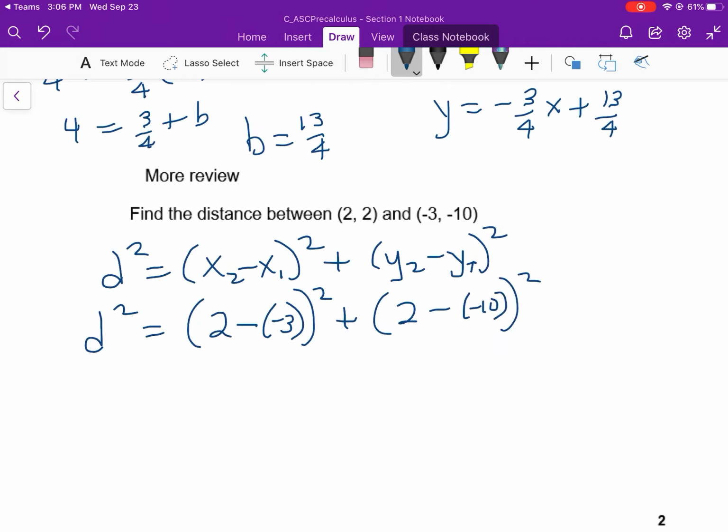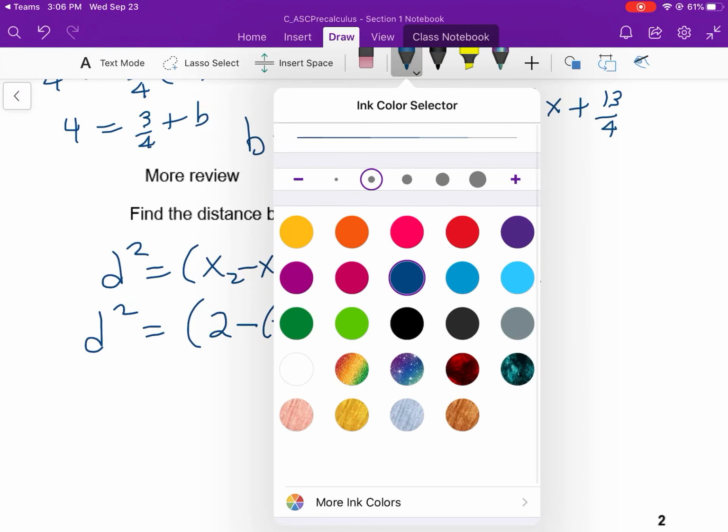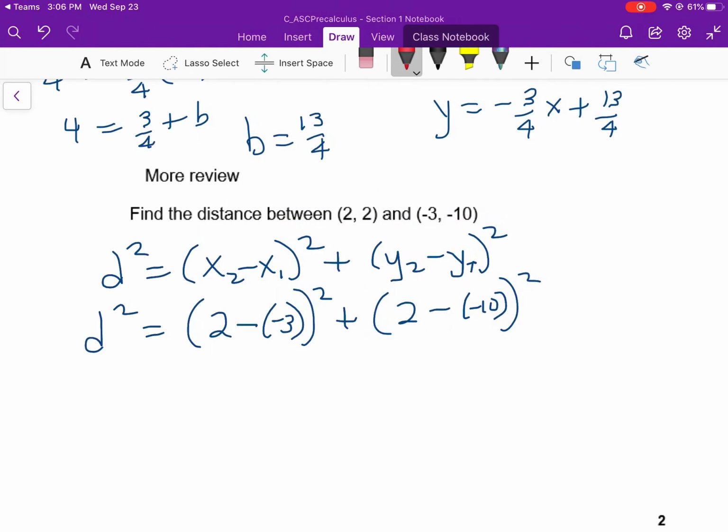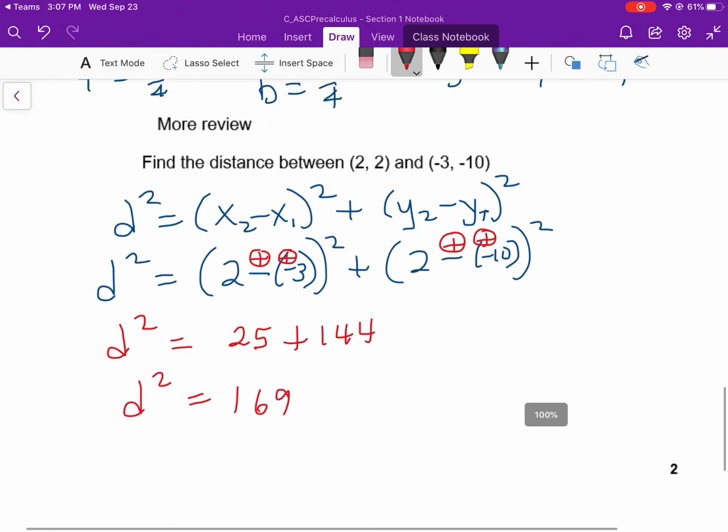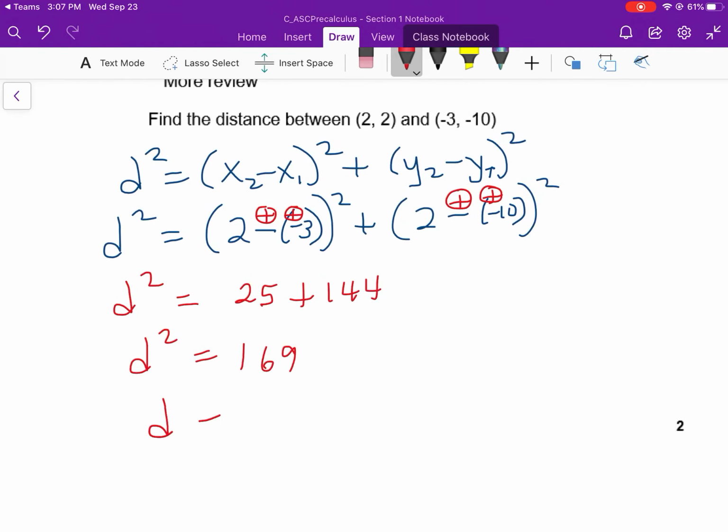So 2 minus negative 3, oh, we're doing that in 7th grade math. So plus plus makes 5. 5 squared is 25. Plus, this will be plus plus also, so that's 12. 12 squared is 144. So d squared equals 169. And I take the square root of 169, and I get d to be 13.